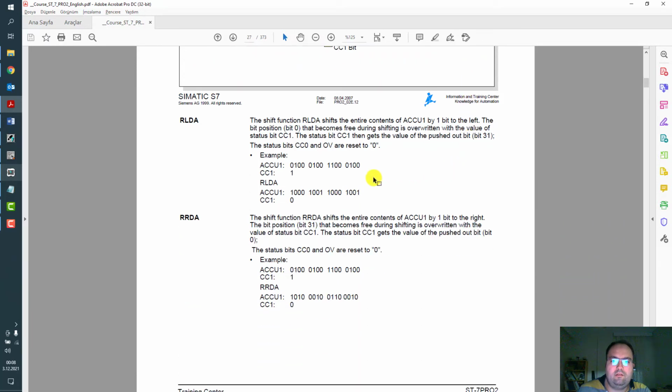There's an example: rotate left for accumulator 1. After the command, it becomes like this. In this case, the CC1 bit is important. CC2 and overflow bits are reset to logic level 0.